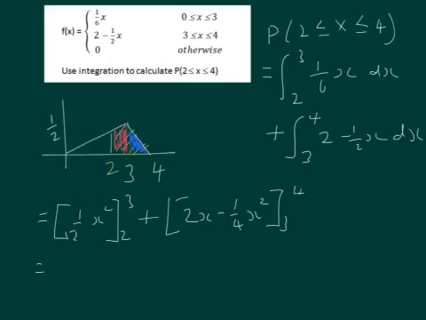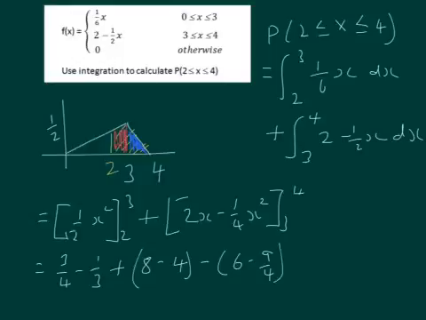So that's 3 squared over 12, that's 9/12, that's 3/4, minus 2 squared over 12, that's 1/3, and then it's 8 minus 4 squared is 16, 16 divided by 4 is 4, minus, and then put in 3, so that's 6 minus a quarter of 9, so that's that bit there. So when you work all this out completely, it works out to be 2/3.